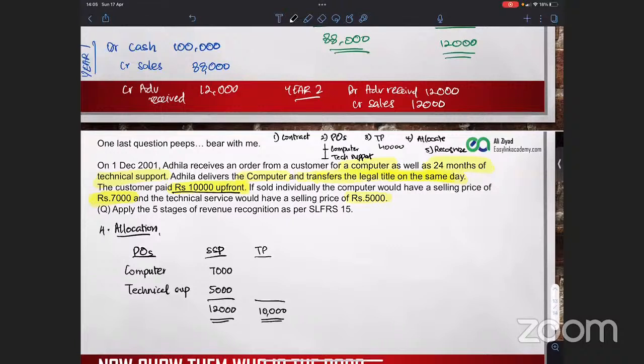Guys, are you all done? Okay, so I got quite a lot of answers. 58% and 42%. Okay, so let me do it again with you all. How are we going to do this? 7,000 divided by 12,000 will give us 58%.